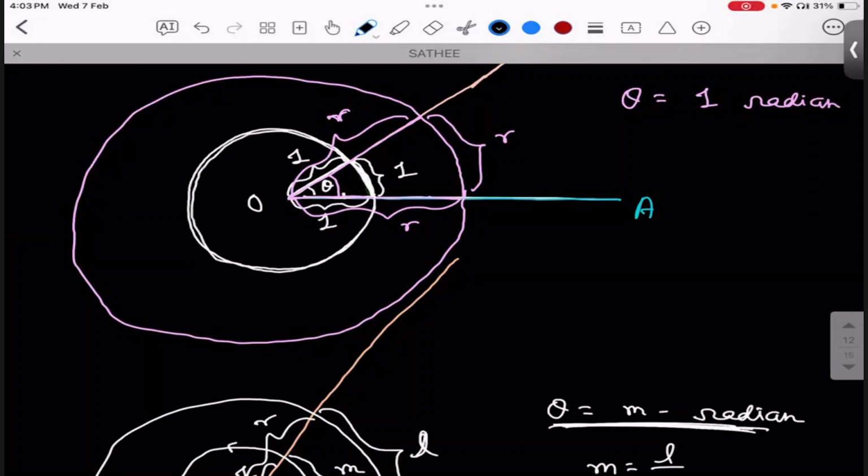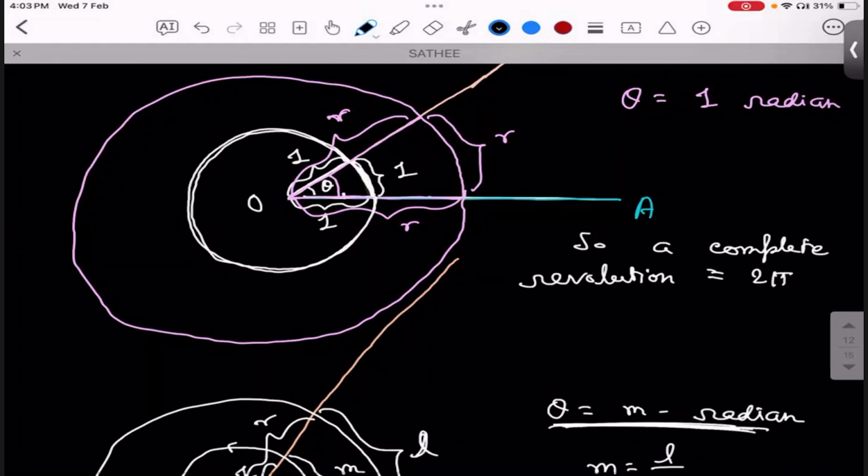The length of the perimeter is 2 pi. Right? So a complete revolution is equal to 2 pi distance covered on the real line.